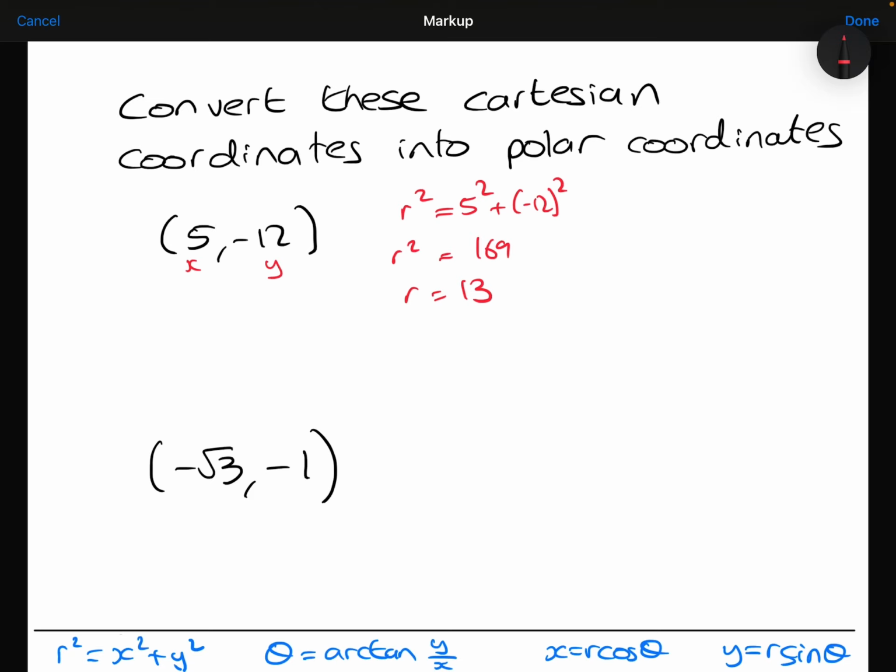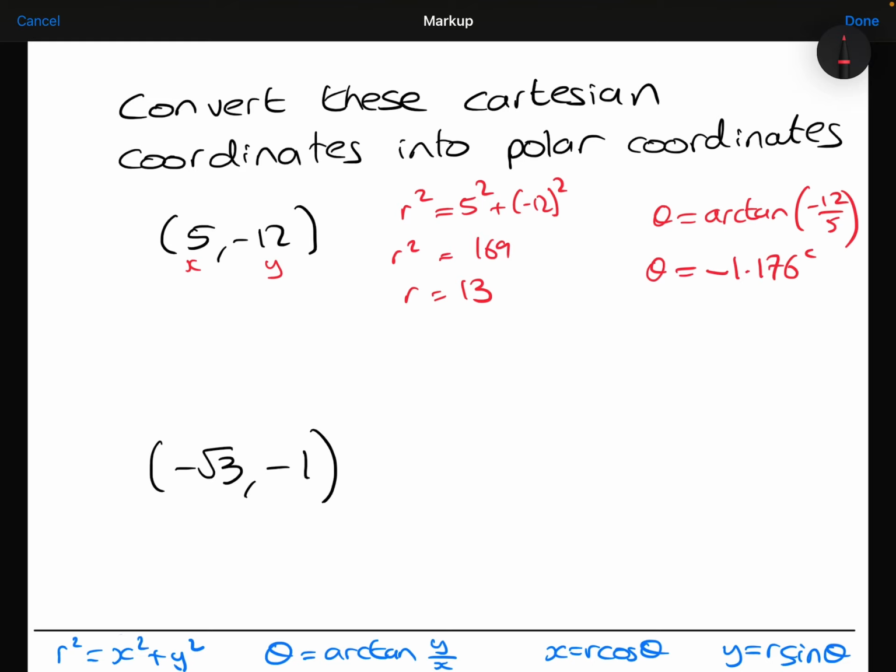Next, we need to find the theta, the angle that's being made with the x-axis. To get that, I'm going to do theta equals arctan of minus 12 over 5, which, when I type that into my calculator, I will get minus 1.176 radians.